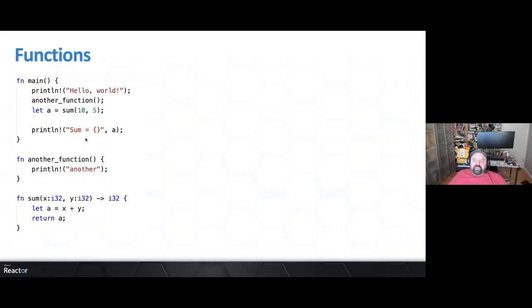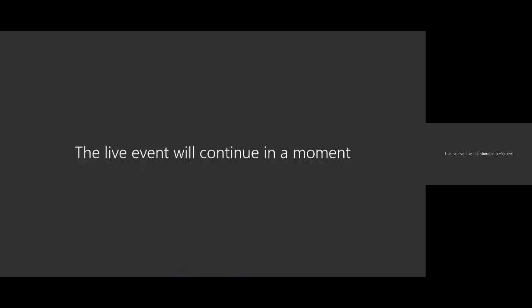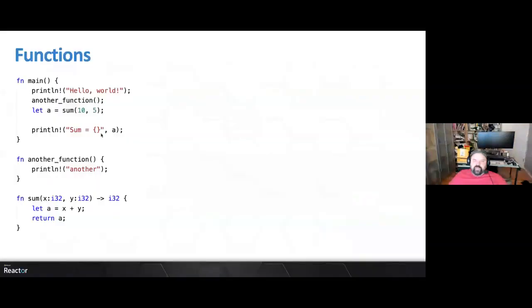And that's interesting because if I print, rather than this sum result here, passing in the value a, if I said another function and then called the function, what it would print out would be this unit structure.